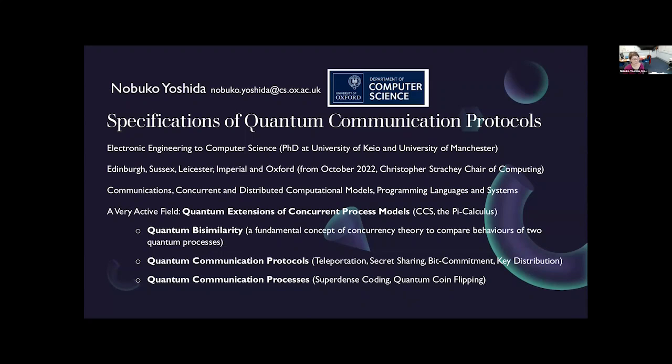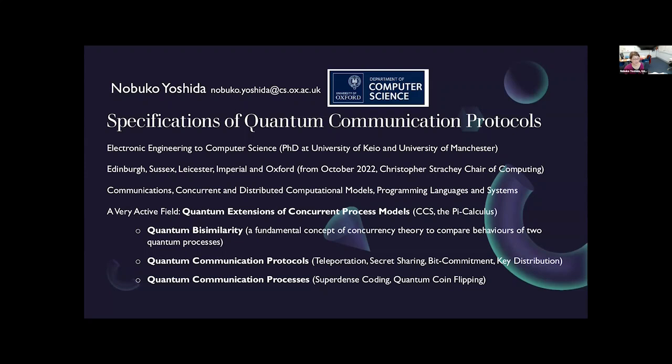My expertise is modeling communication, concurrent and distributed computational models, materialized into programming languages and systems. In particular, I'm also interested in verification.